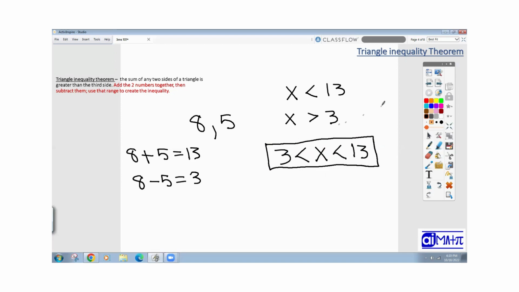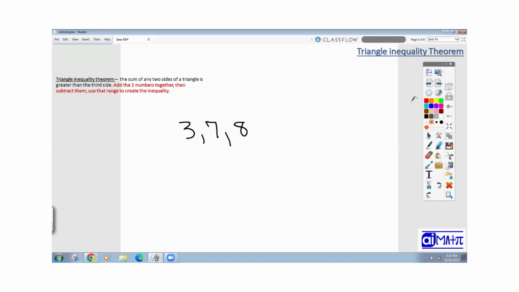We're going to work these other problems out together. So I want you to pause the video here and see if the numbers 3, 7, and 8 can form a triangle. Take 3 plus 7 to begin, which is 10. That is greater than 8. Then I would do 3 plus 8, which is 11, a larger number than 7.